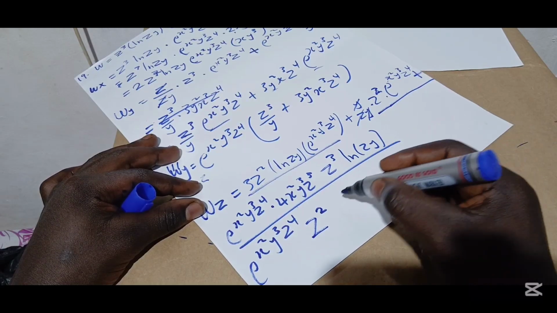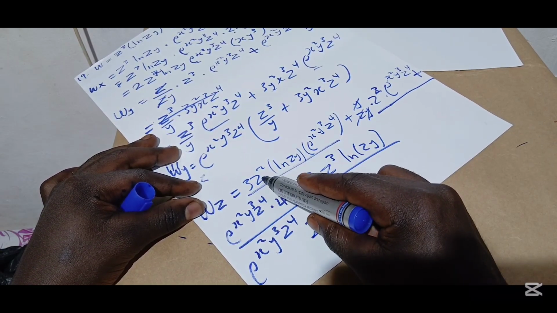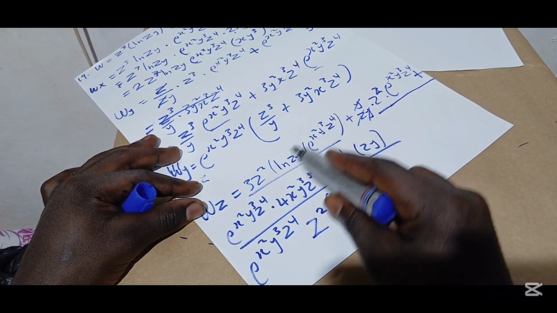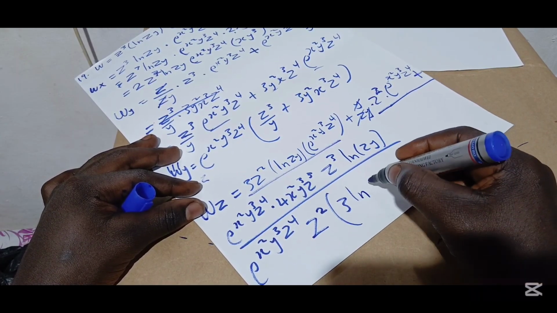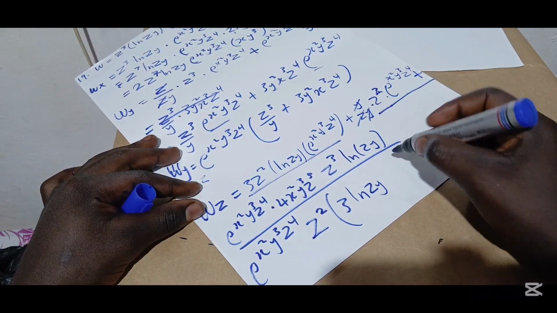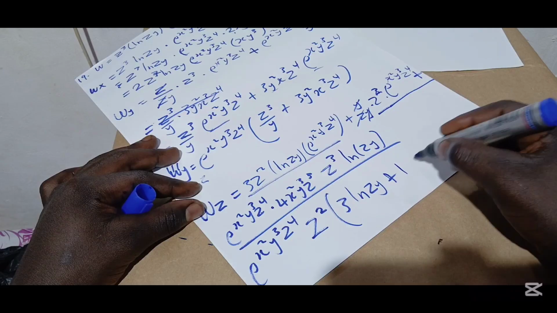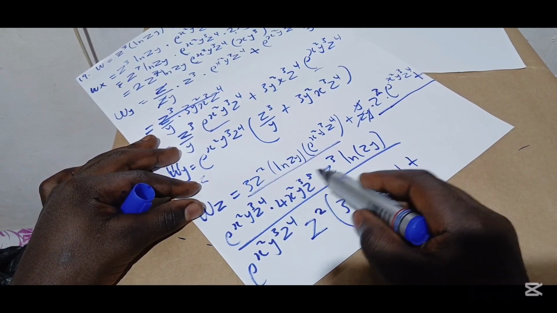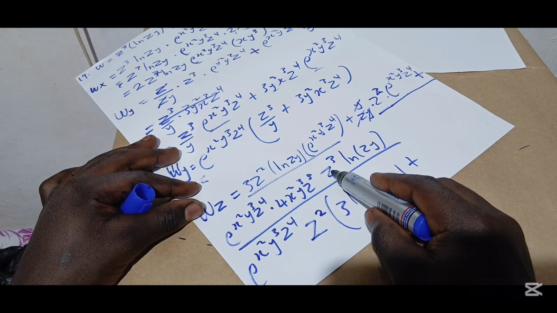Then let's see, what do we have again? Then I think that's all. So now after z to the power 2, e to the power this, what do we have? We have 3 ln zy, and then plus. We brought this out and we brought z to the power 2 out, remaining 1. Then plus, we brought this out and then z to the power 2 out, remaining z, right?